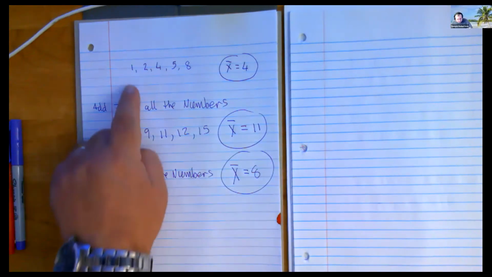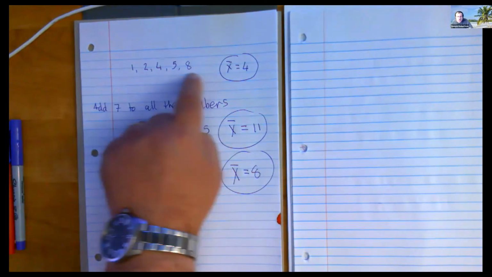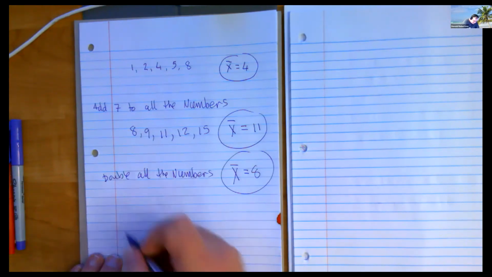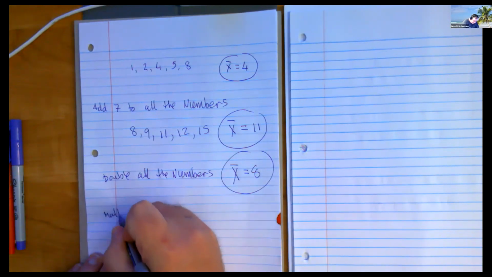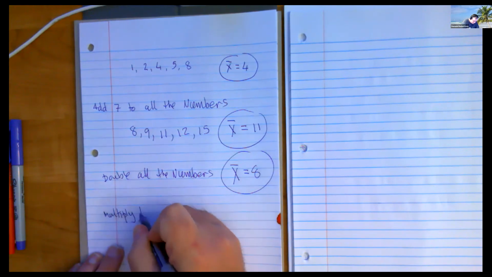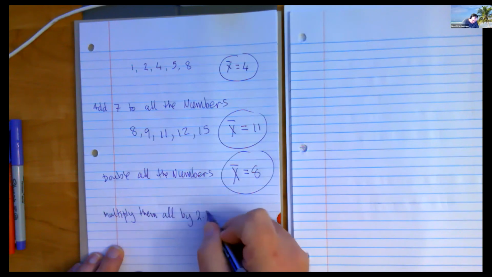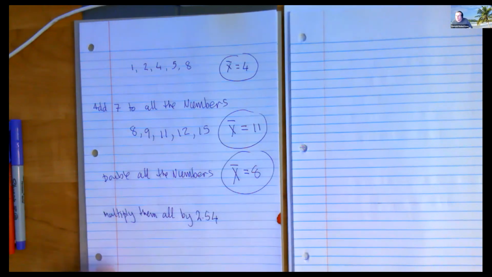And can you imagine that all this data here was inches? Right? And they decided to multiply them by 2.54. It seems a reasonably weird number to multiply things by.